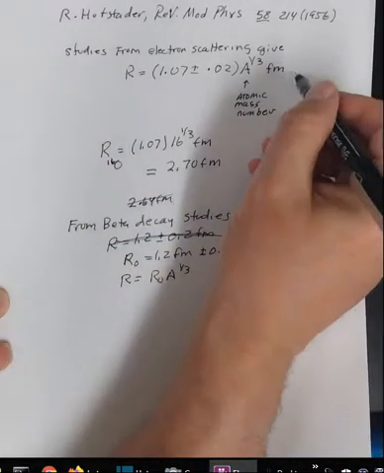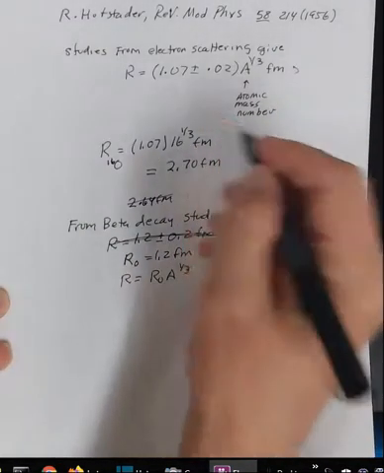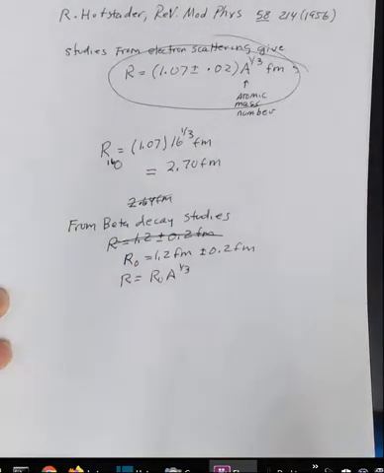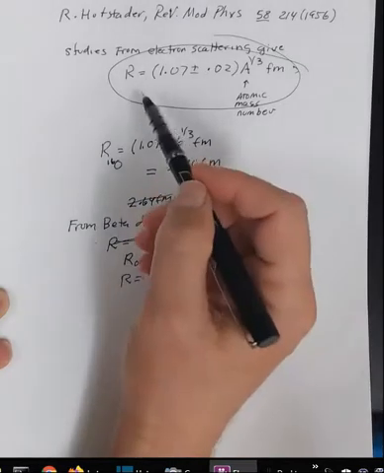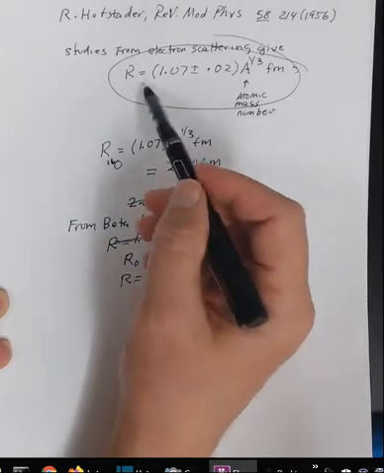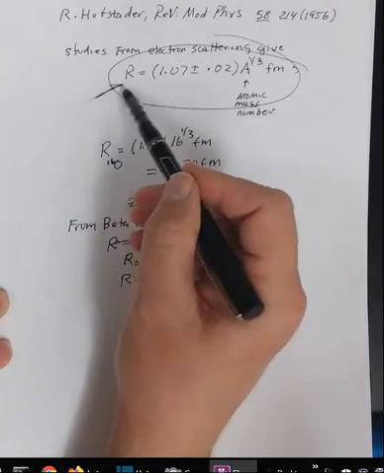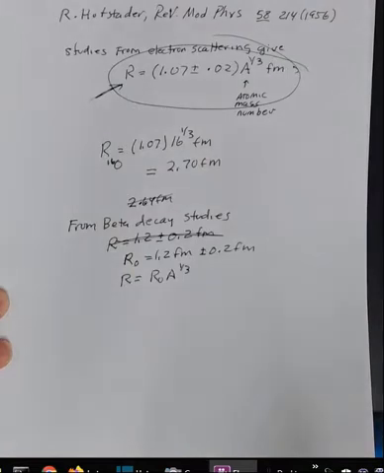But we're going to use these results. This assumes a uniform charge distribution. The charge distribution in atoms doesn't seem to be uniform. I think this is the better choice for the estimate of your radius.